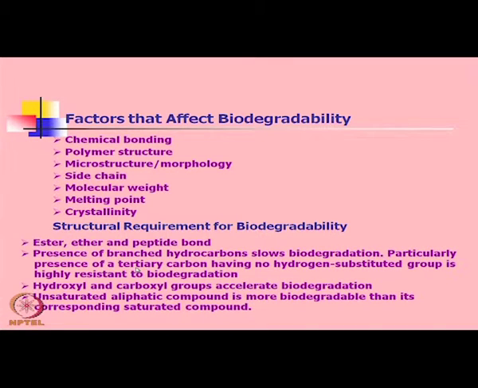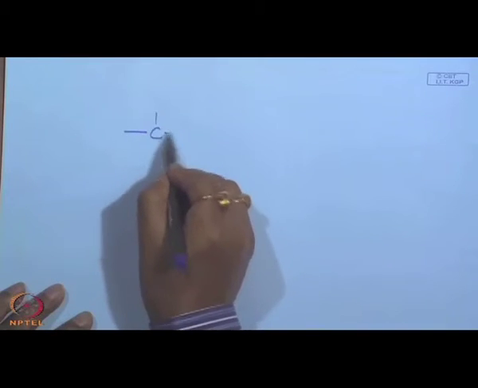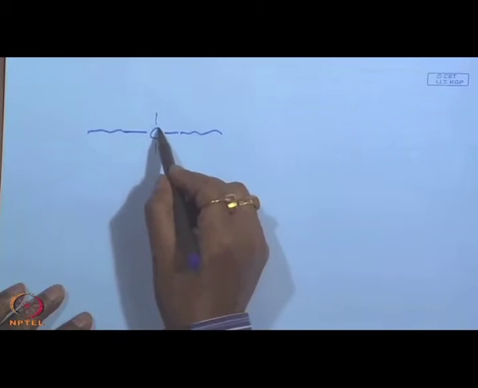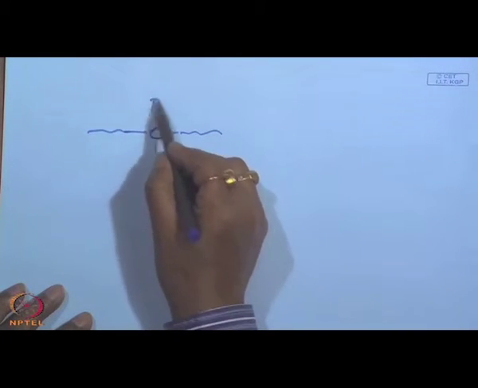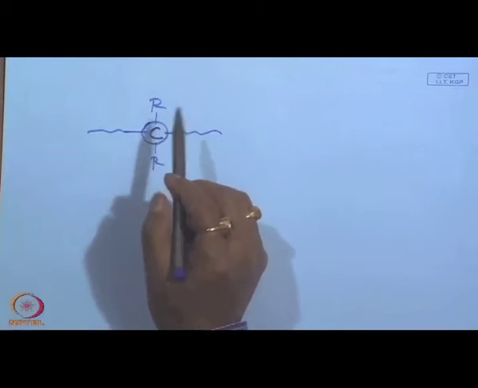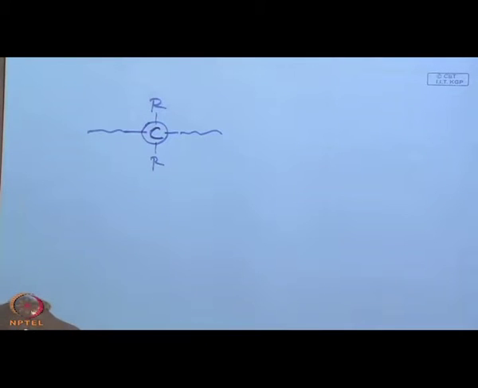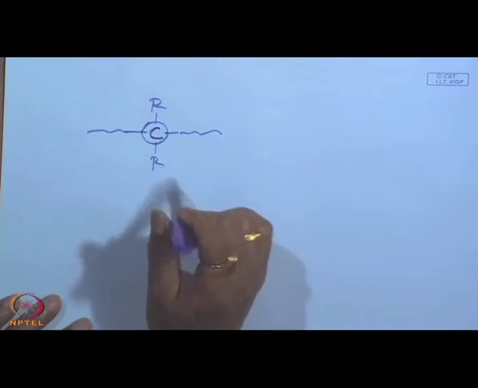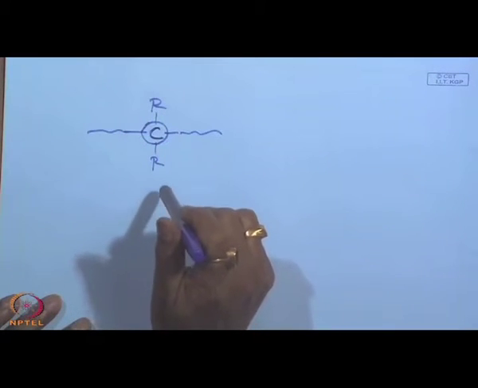Tertiary carbon atom means this carbon in the polymer chain, this is the carbon atom. Now, this can be attached to groups like this. So, this carbon is called tertiary carbon. Now, if the polymer contains a tertiary carbon having no hydrogen substituted group, it is highly resistant to biodegradation.